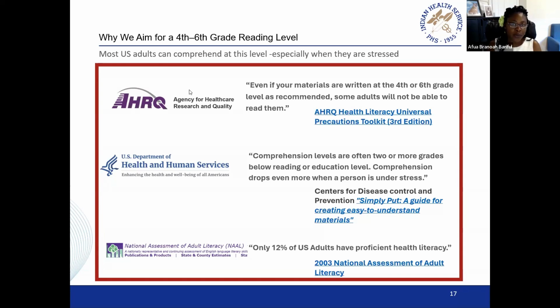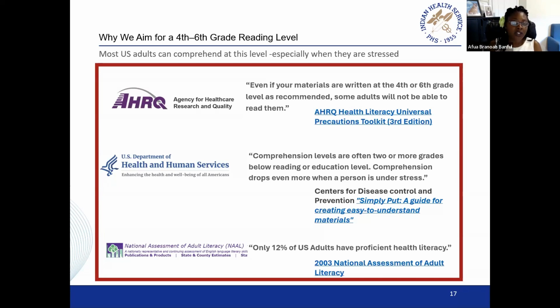Well, the most important guide is that most US adults can comprehend at this level only, especially when they are stressed. Remember when we looked at the reading statistics and it was 54% read below 6th grade level. When you dig in deeper, it's something like 36% read below 2nd grade level. It is quite low.